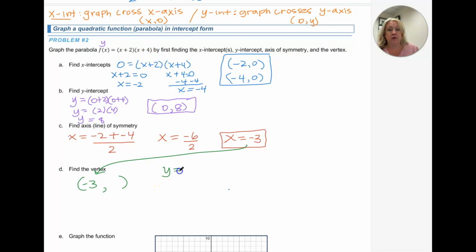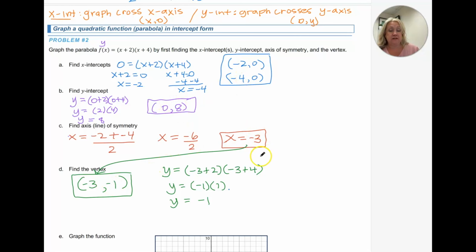So we'll have y equals negative 3 plus 2 in one parenthesis, and negative 3 plus 4 in the other. Let's keep simplifying here. Negative 3 plus 2 is negative 1, times negative 3 plus 4, which is positive 1. I multiply those together, I get negative 1. So here is my vertex: negative 3, negative 1.